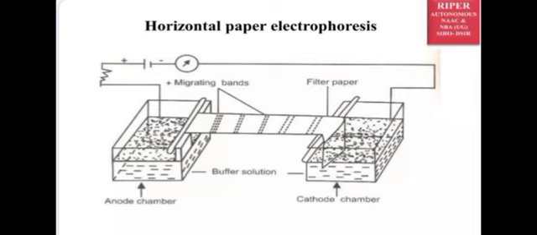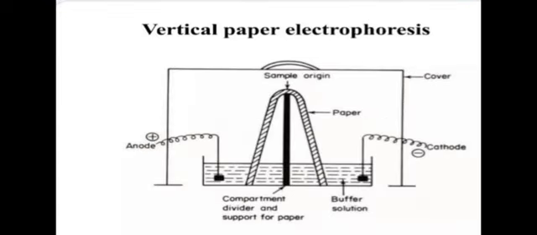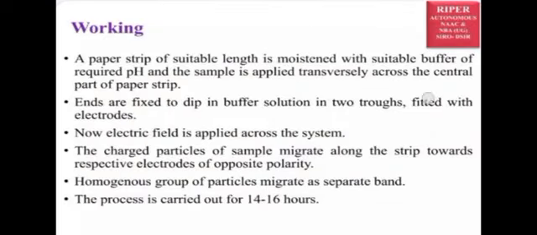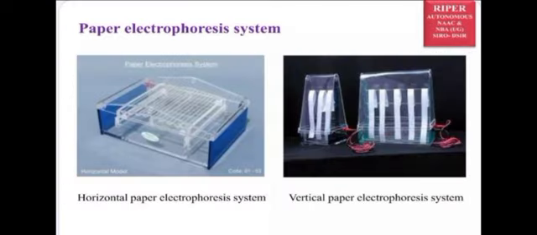In this electrophoresis, the paper is placed in the horizontal position. In vertical paper electrophoresis, the paper is vertically placed. This is the picture of the paper electrophoresis system.